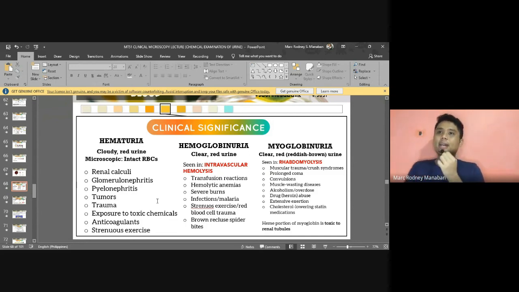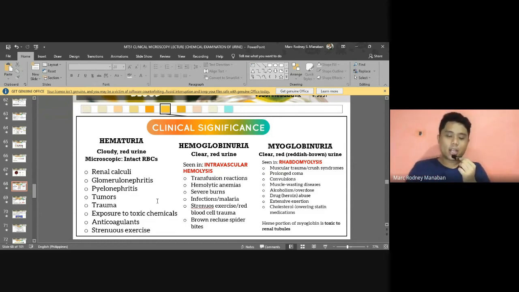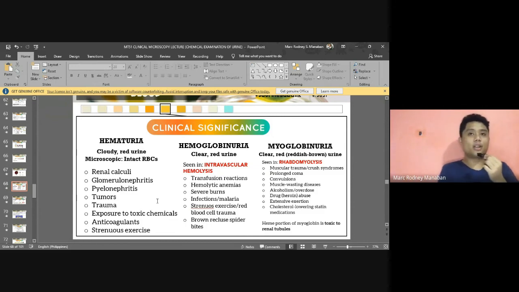So, again, possible gyud na na-hemoglobin sa imuhang normal color na urine. Pero ang levels nila kay medyo low pa lang. Not to the point na maka-change siyang color to their normal or general color na clear red urine. Okay? Medyo little pa lang ang concentration pero they are there. Present siya sa imuhang normal na urine. So again, ang bottom line lang, there's possible gyud, no? That there are RBCs or hemoglobin in your urine even if the urine appears normal.